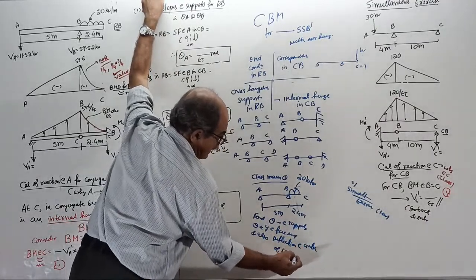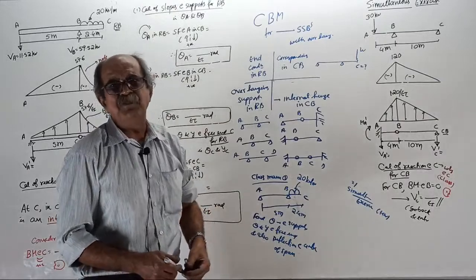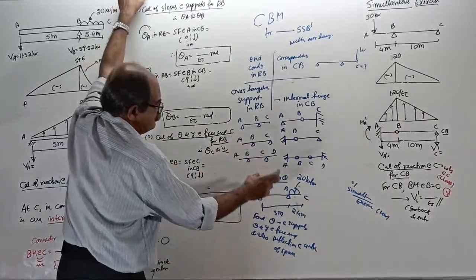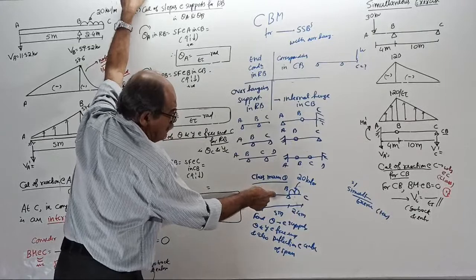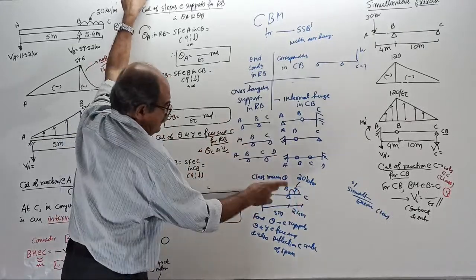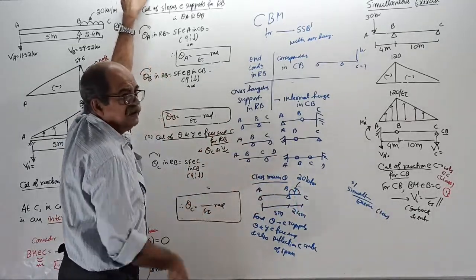Center of the span means not the center of the beam. This is 5 meters, the central point deflection.